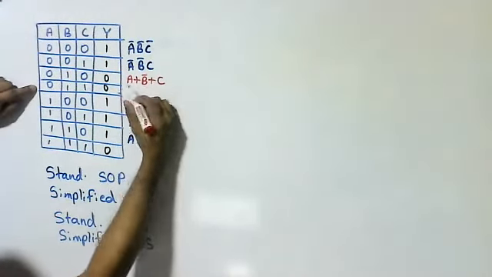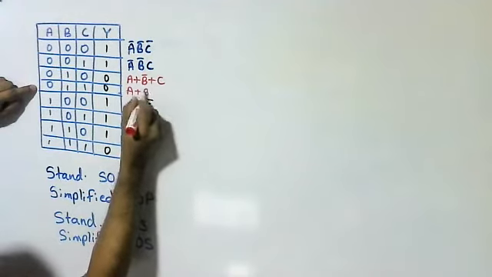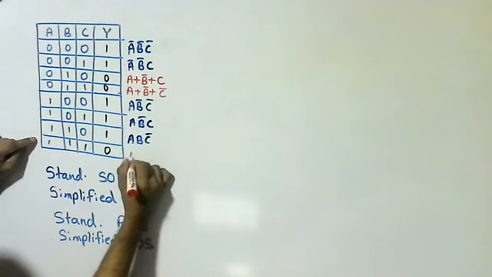Next one, here also the output is 0, so A plus B bar plus C bar. Here the output is 0, so A bar plus B bar plus C bar. That's all. Now we can write the standard SOP expression and standard POS expression by using this.